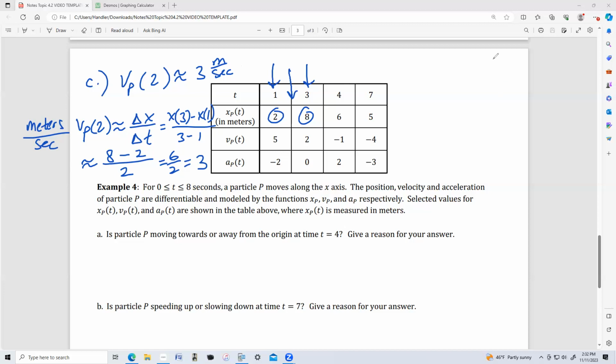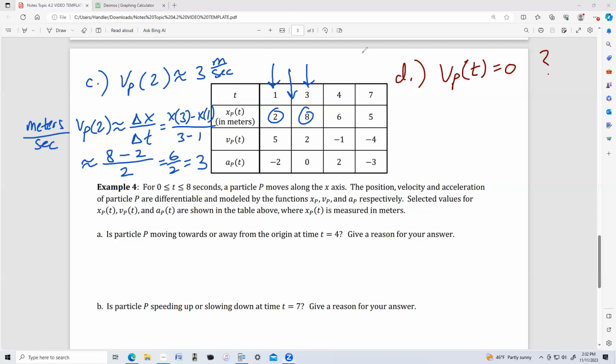Part D, which I'm going to put over here in dark red, says, is there a time between 1 and 7 seconds such that the velocity of particle P is 0? Is there such a time where that has to be true?